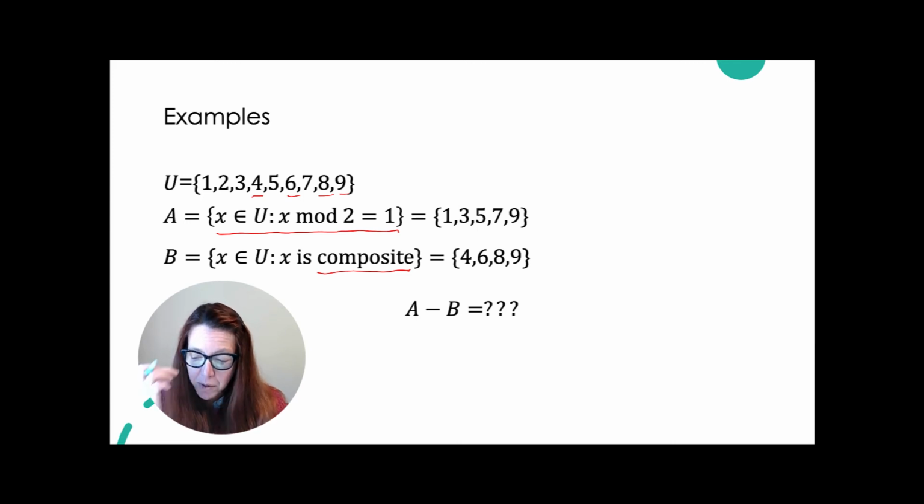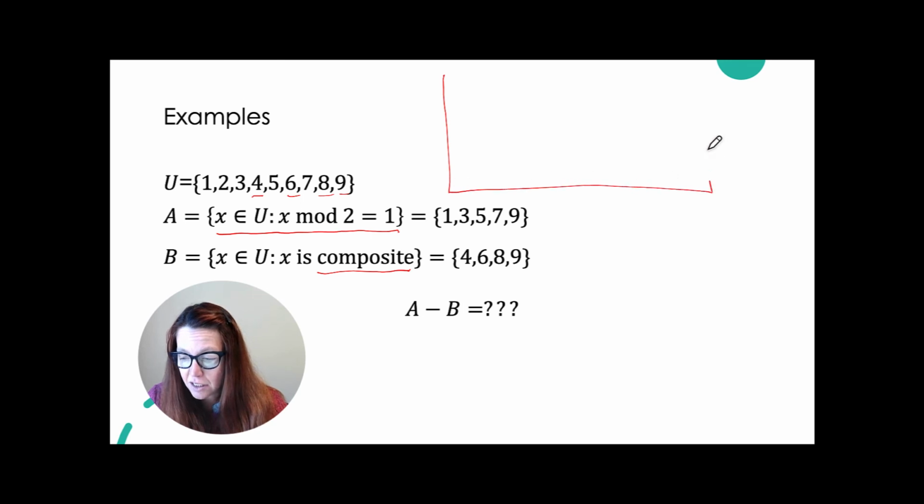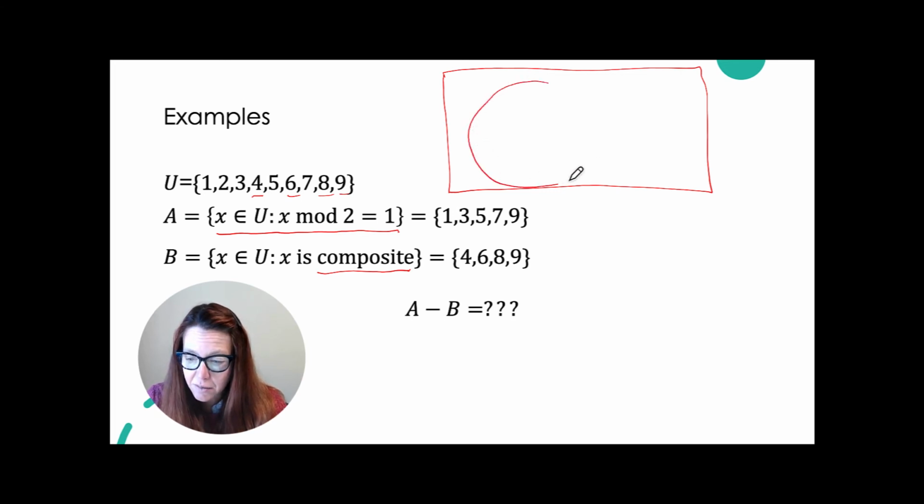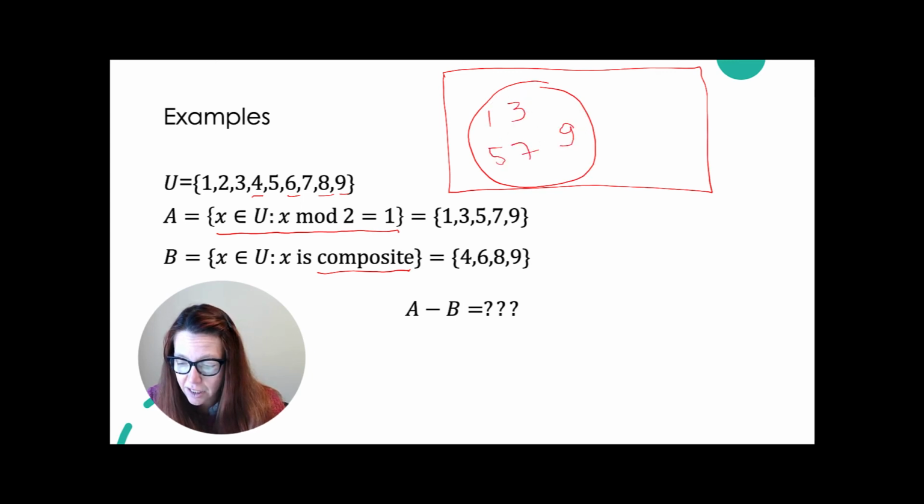And so if I were to look at the Venn diagram of this, I have my typical universe, and I've got my odd numbers 1, 3, 5, 7, and 9. Then I've got my set B, which I know contains the 9, which also has 4, 6, and 8.